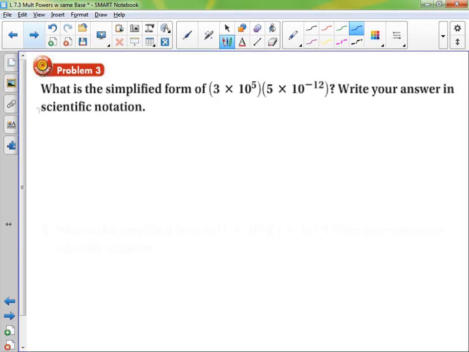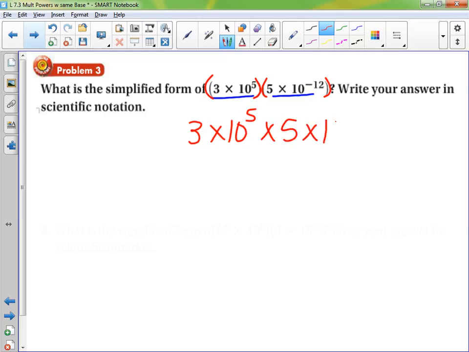Okay, problem 3. In this problem, it's asking you to simplify two scientific numbers that are being multiplied together. And we talked about this in class. The parentheses on these two scientific numbers mean to multiply. So you could really rewrite this problem like this: 3 times 10 to the 5th times 5 times 10 to the -12th.